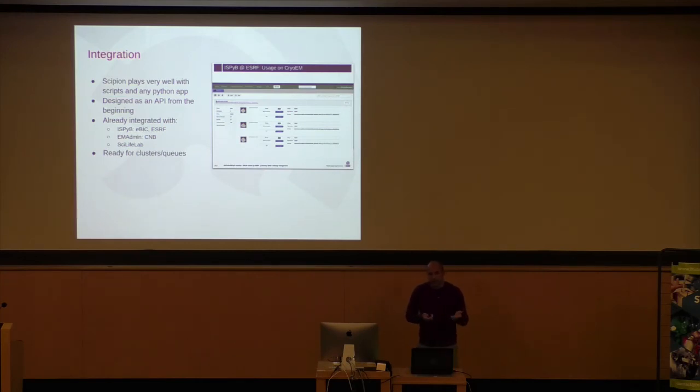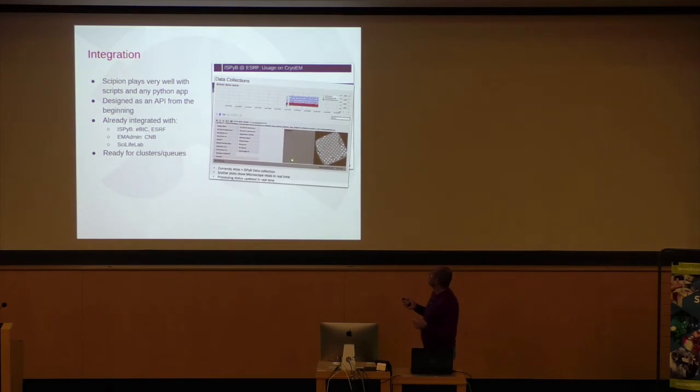There are examples at our facility at CNB, and at EBIC and ESRF. They are sending data about their automatic processing to ISPyB, so you can see some outputs, and this information is reported by Scipion.